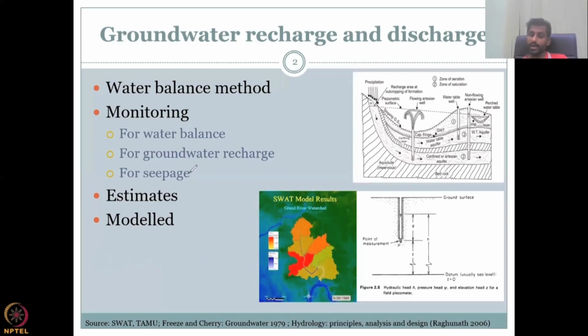So for example, you give all these parameters and the model will spit out a groundwater recharge value and a groundwater discharge value. It also is based on the climate, the land use, which is your trees, plants, etc. growing, and your slope of the land, how the land is tilted and stuff.